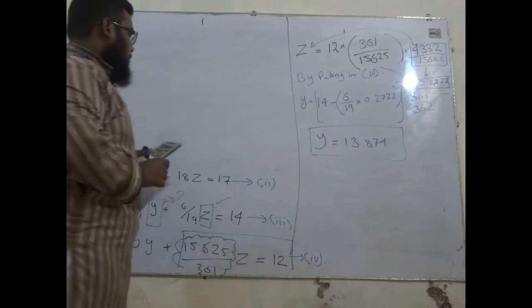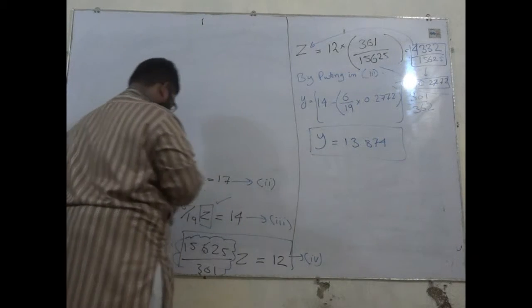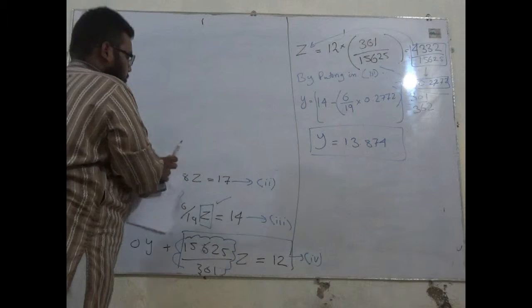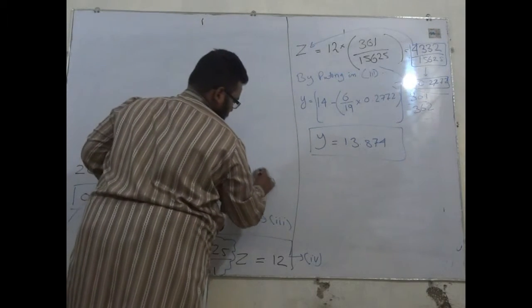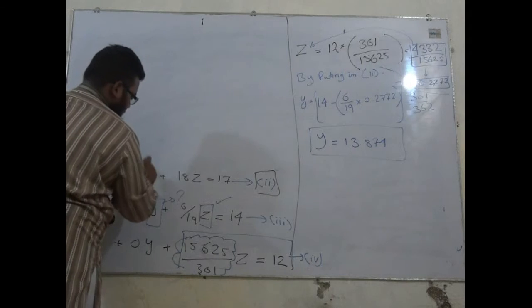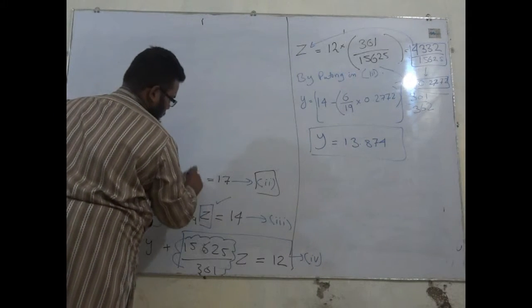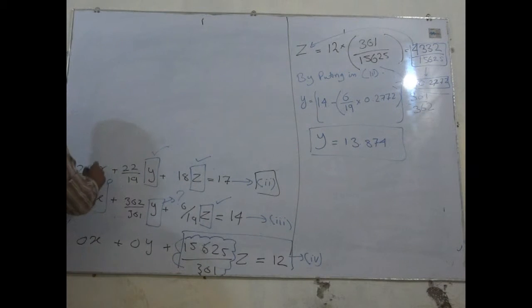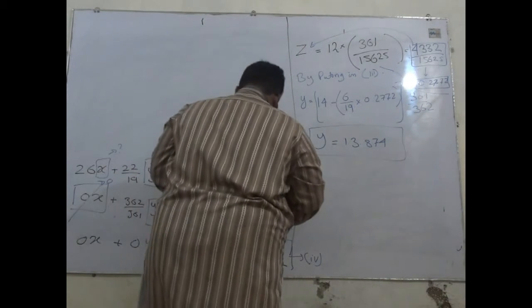Now in equation 2, I have the equation 2. Okay, and you can see I have already found the values of z and y. The only unknown thing is x, which I have to find. For that I have to put the values in equation 1.